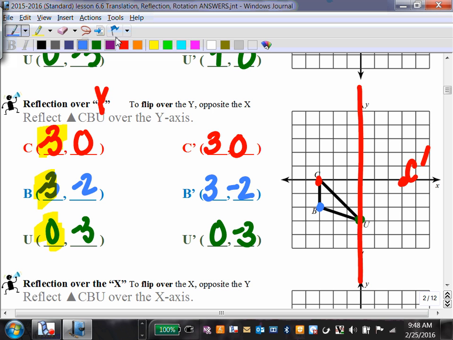Make sure you label. If you've done this correctly, it should be butterflied over the vertical axis. Butterflied over the vertical axis. So flip over the y, you opposite the x.